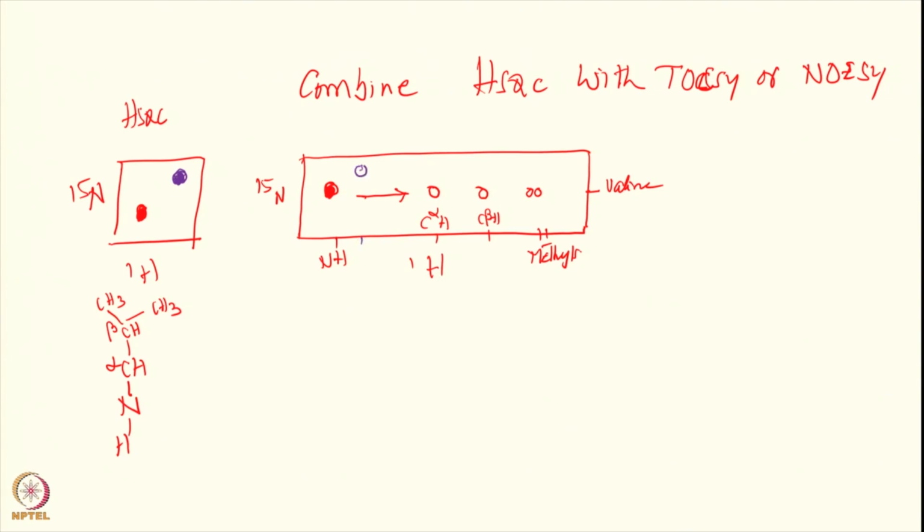I will have this peak here, and then I will have the alpha protons of the glycine. If the glycine has 2 alpha protons, and the 2 are non-equivalent, then I will see 2 peaks here. Now this will be for the glycine.